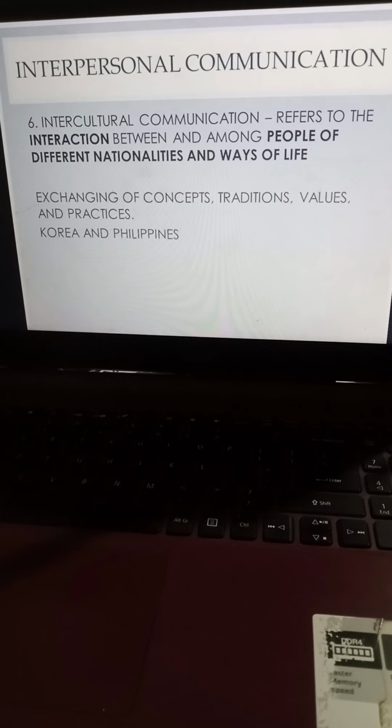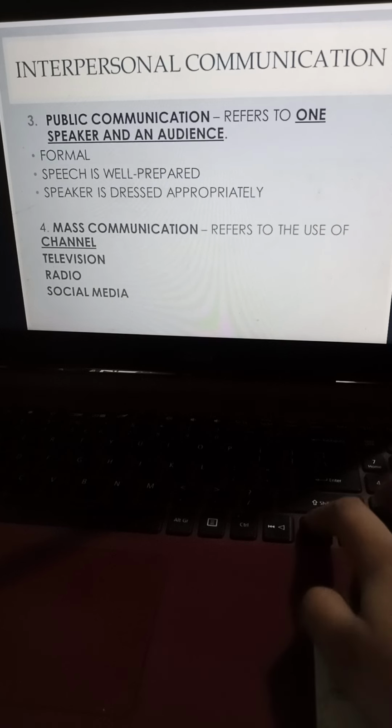So, for example, a discussion to exchange views about Korean and Philippine cultures will show the similarities and differences between the two countries. So, in intercultural communication, they accept differences or diversities no matter what your culture or background is, or where you are from. So, that is intercultural communication.